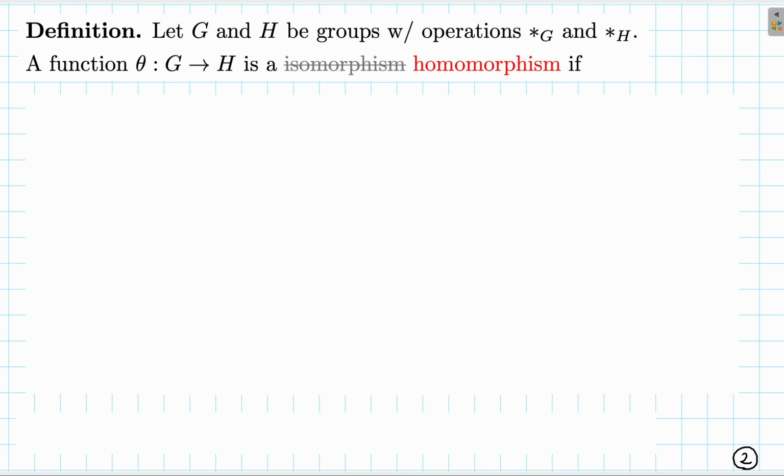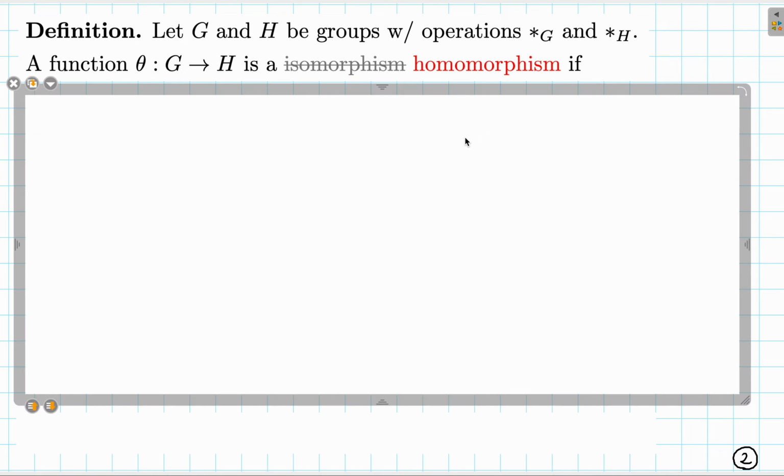Here's the definition of a homomorphism, which is closely related to an isomorphism, except we don't require our function to be a bijection. So as before, we'll let G and H be groups with operations star G and star H. Then a function theta from G to H is said to be a homomorphism if the following holds.